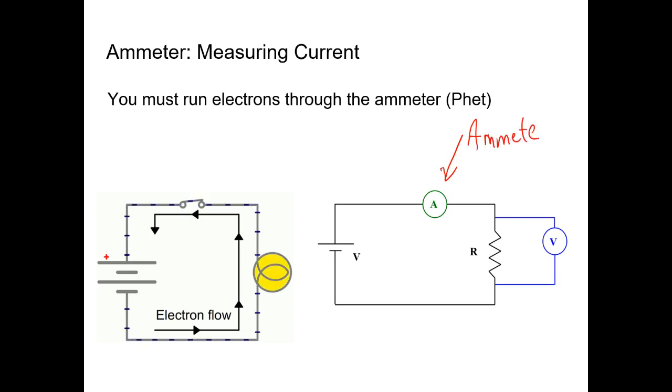An ammeter measures current. This V in a circle is a voltmeter. A voltmeter is something that measures voltage. And then R is our symbol for resistance. The circuit symbol for resistance is on your screen. It's just a squiggly line.